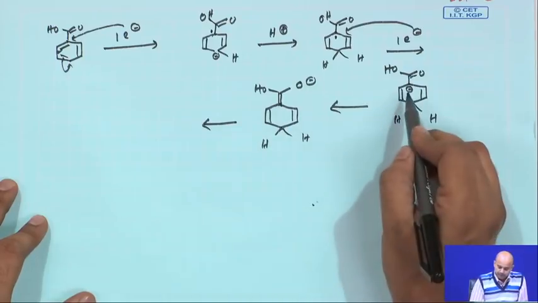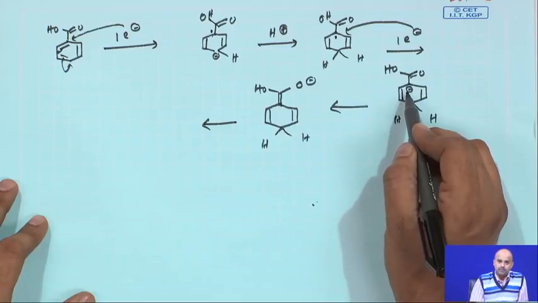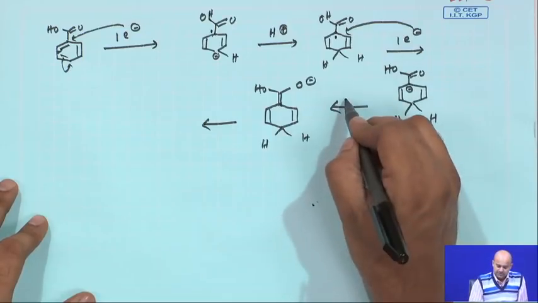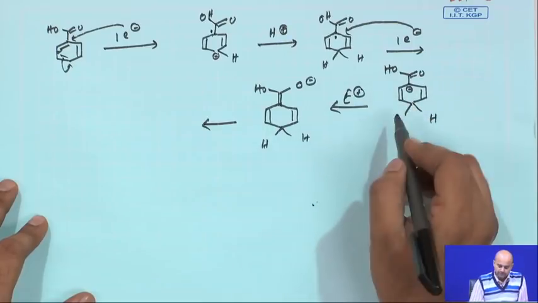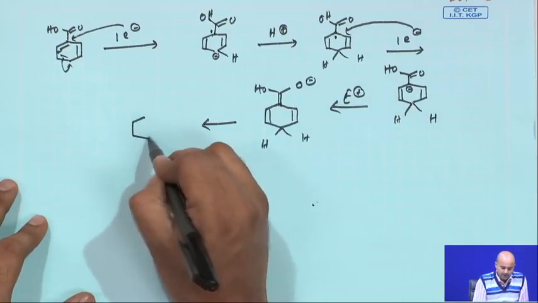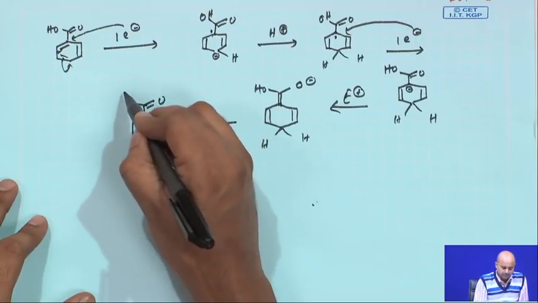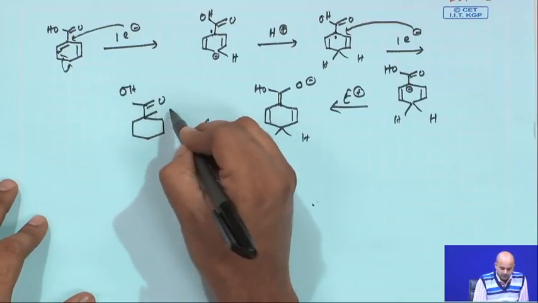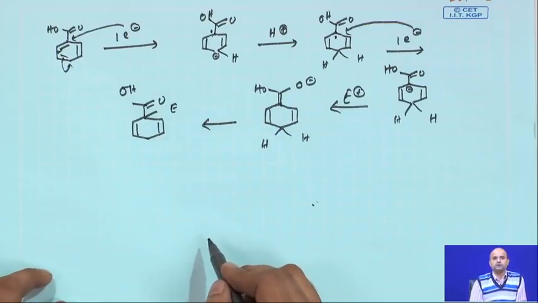Now, the point is, as you have a negative charge here, this negative charge can be trapped efficiently by an electrophile, and you can get a carbon electrophile bond with this kind of structure.